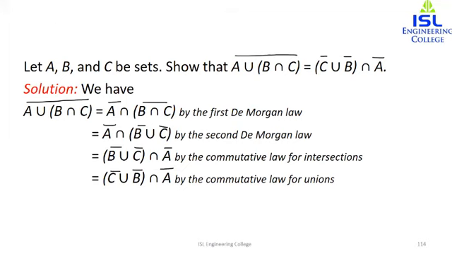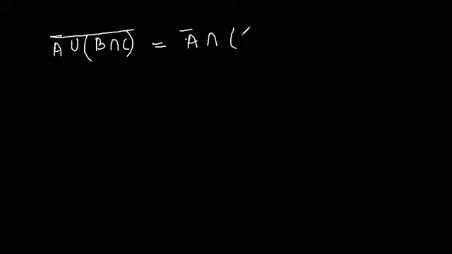So we have the equation A union B intersection C whole complement. Now we can simplify the complement directly. If you are applying complement to union, it will be changed to intersection, and then again we apply the complement to the entire bracket.